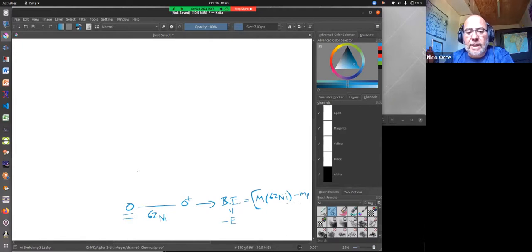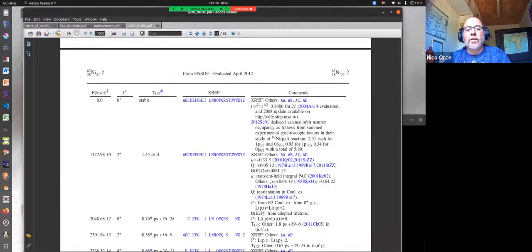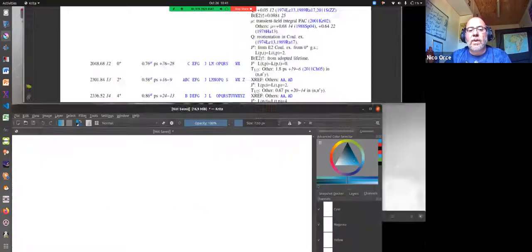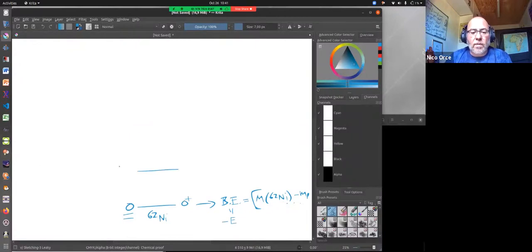So the next state happens at 1.173, which is a 2+ state. Here you have the total angular momentum J and the parity, 2+. So we move here, 1.173, and we know this is a 2+.